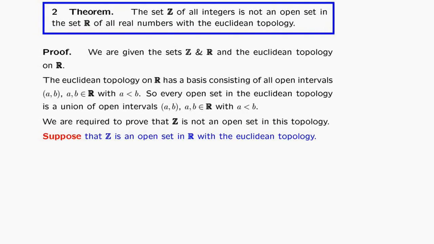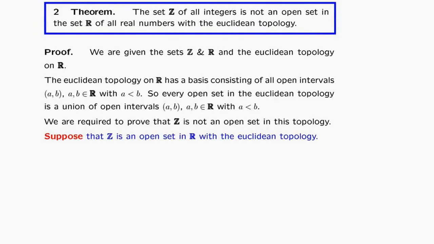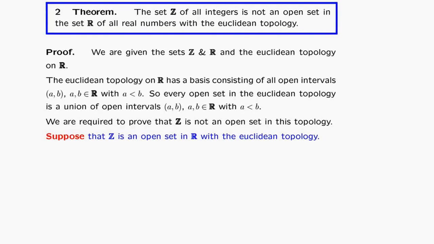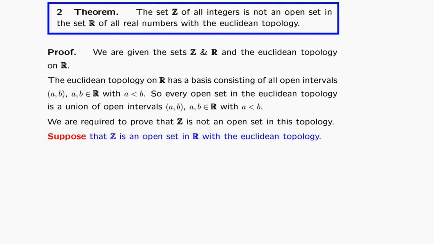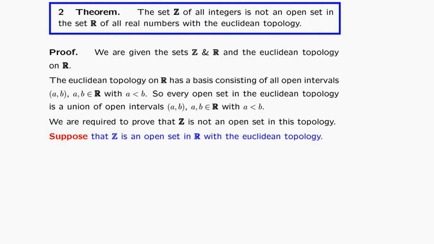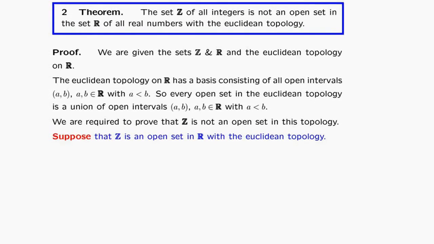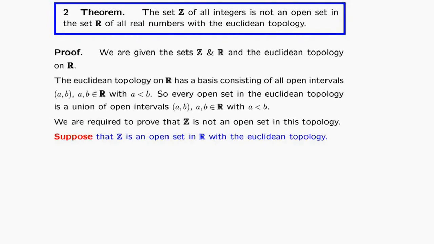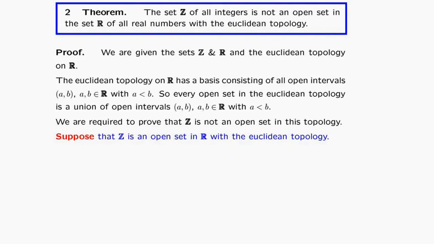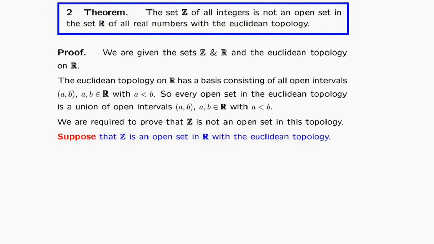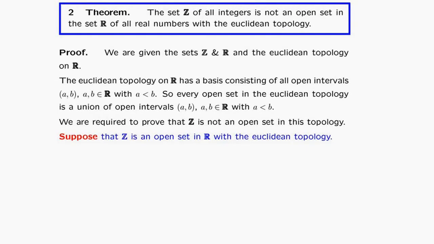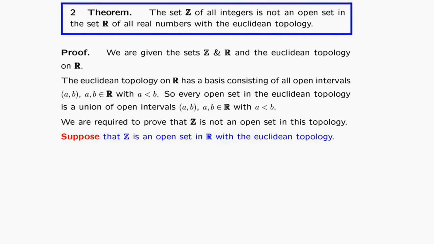So we suppose that Z is an open set in R with the Euclidean topology. Our aim, of course, is to show that this supposition is false by arriving at a contradiction.